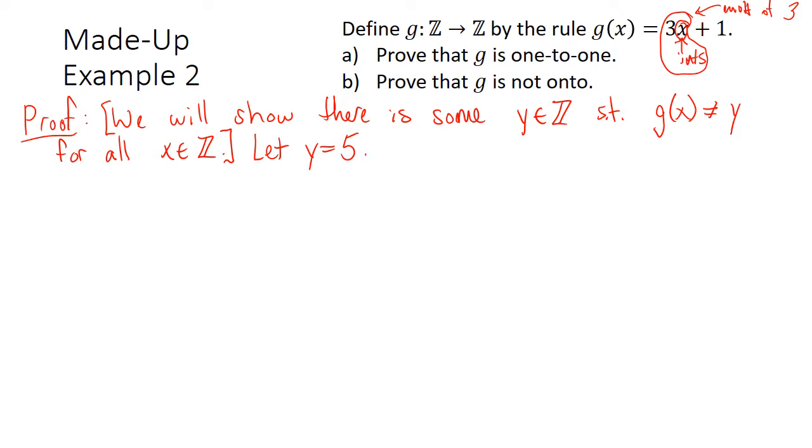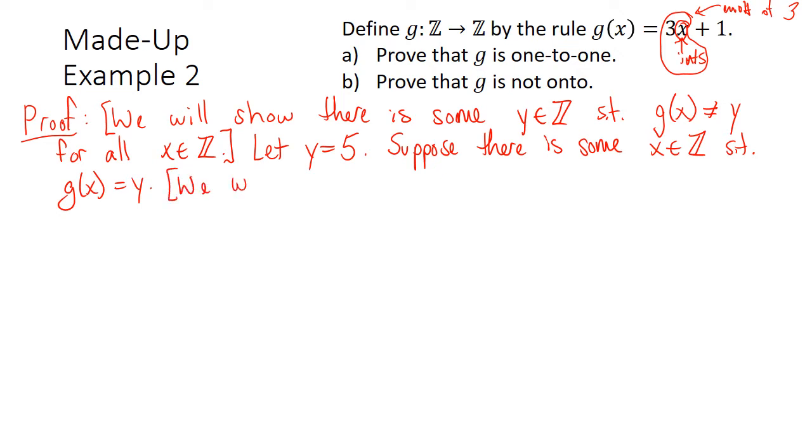And then what we're going to do is we're going to show that the supposition, so suppose there is some x in the domain such that g of x equals y, leads to a contradiction.